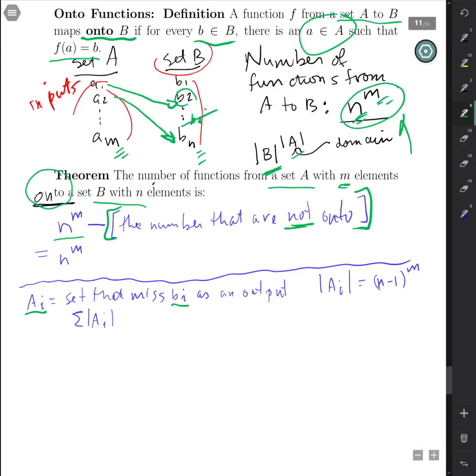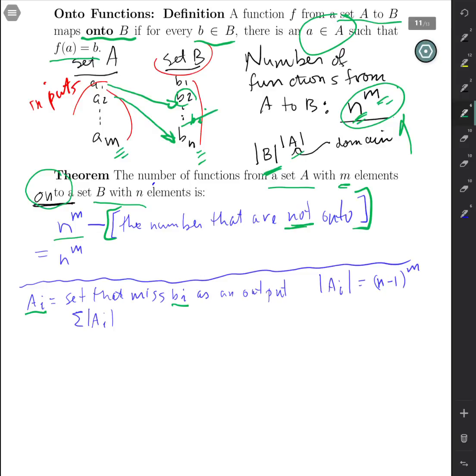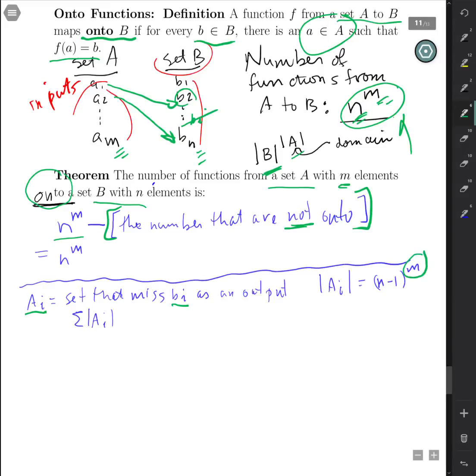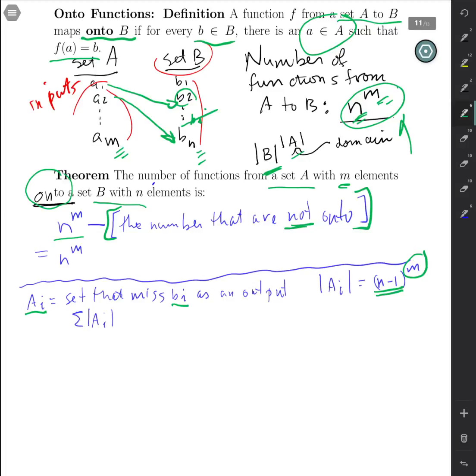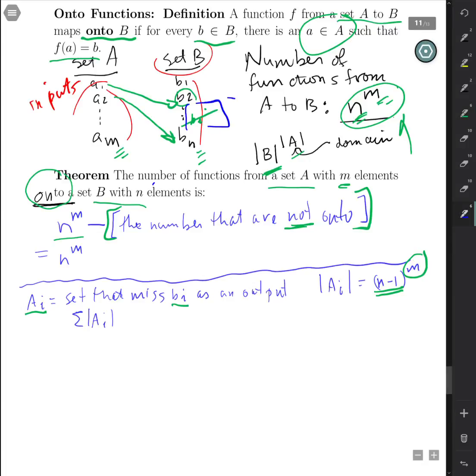Nothing uses it, and maybe there are other ones missed too, but Ai will be all of them that miss bi. Then what has to happen here is that we still have m steps to define the function, m for monkey, but each time we only have n minus 1 choices because bi is no longer a choice up here.